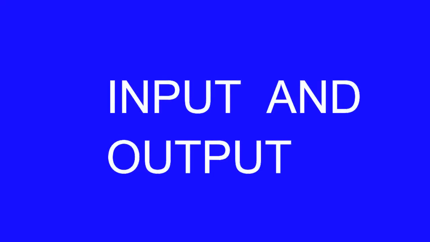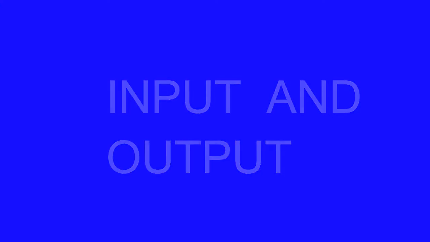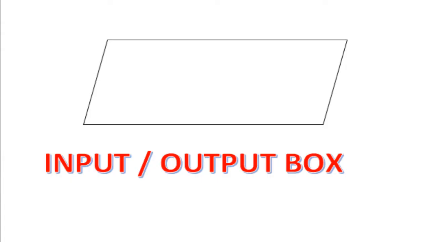Okay, next comes the input and output. These shapes we basically use to accept any input and output the data. Means we take one number, and when the processing is complete, the output will come. At that time we use these kinds of symbols.